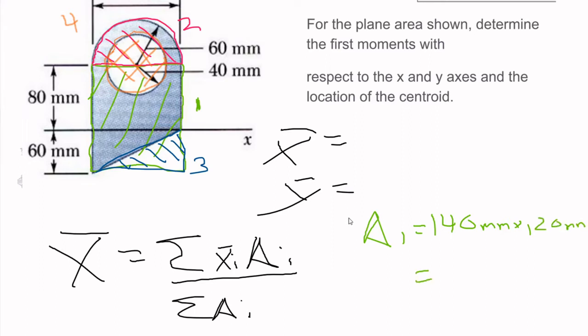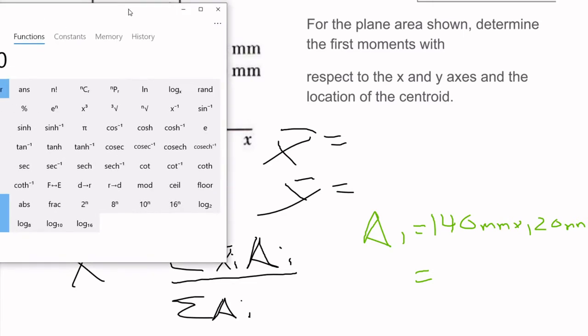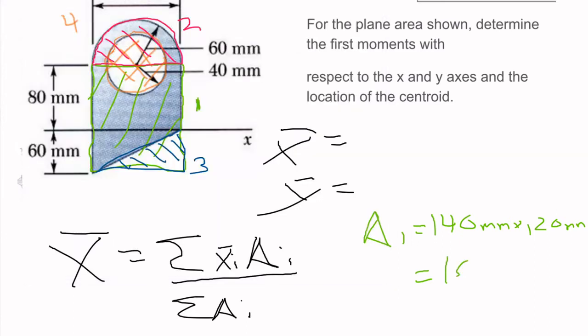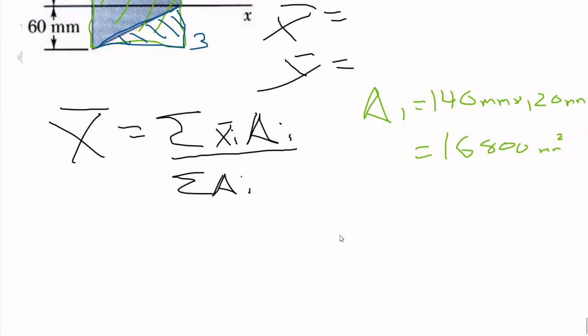That gives us 140 times 120, which is 16,800 millimeters squared.